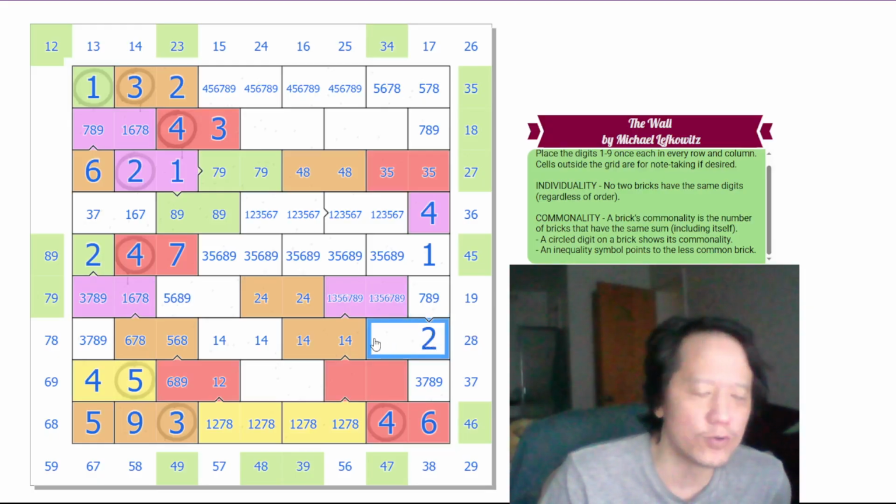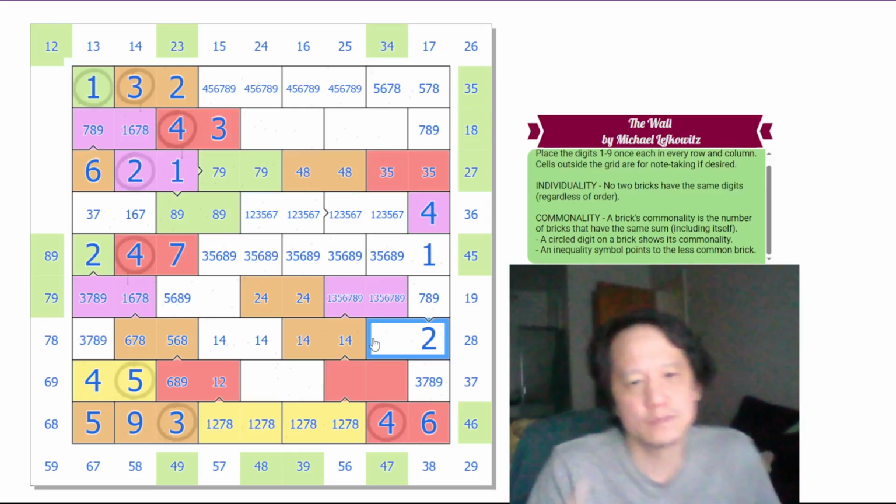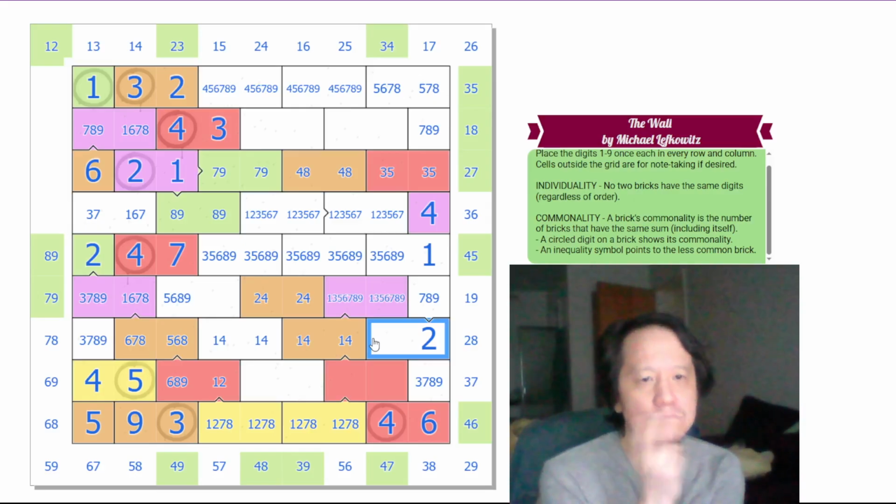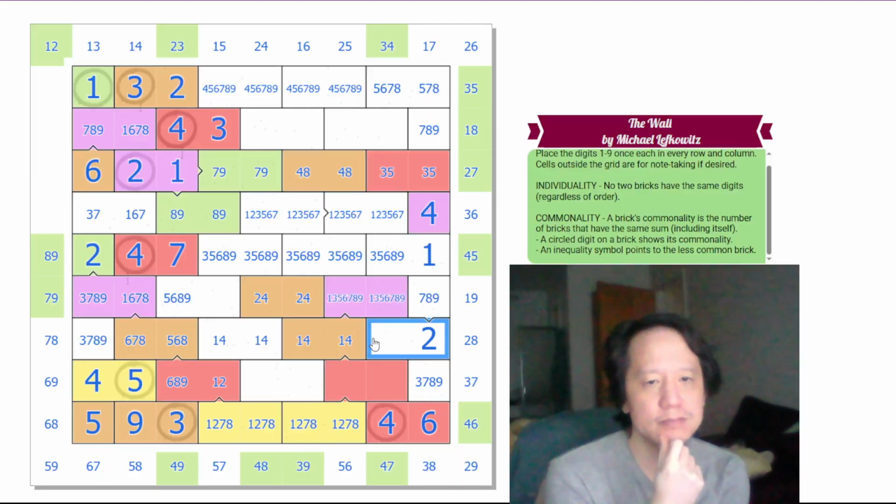Actually, it could be 4 or lower. So we have all the 4s accounted for.